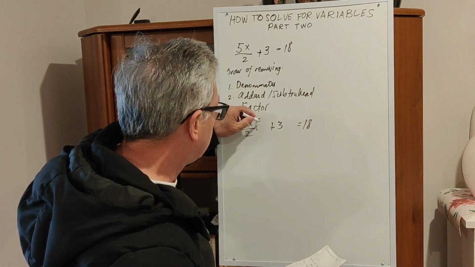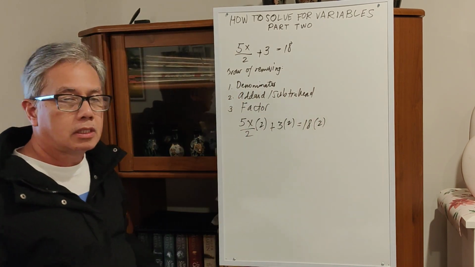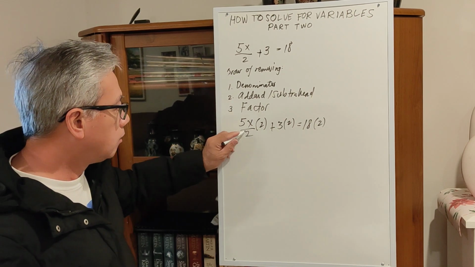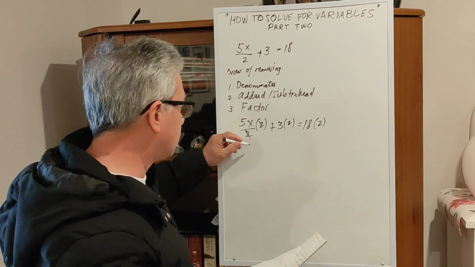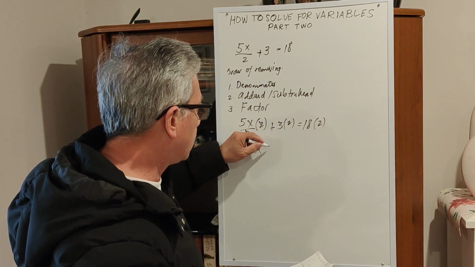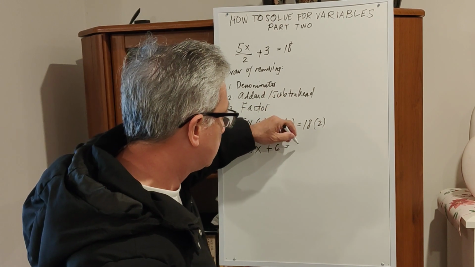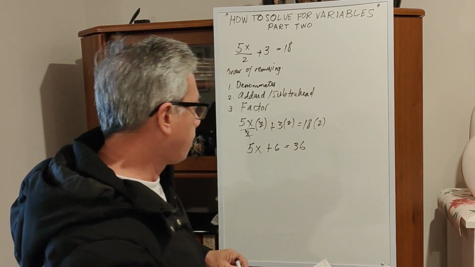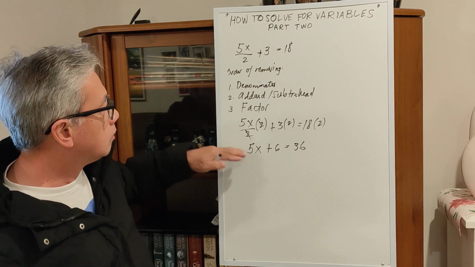So we multiply 2 on each term. So this 2 will cancel out. 2 divided by 2 is 1. 1 times 5x is 5x. So this one will just become 5x, but this one becomes 6. This one would become 36. Now, that's the denominator.